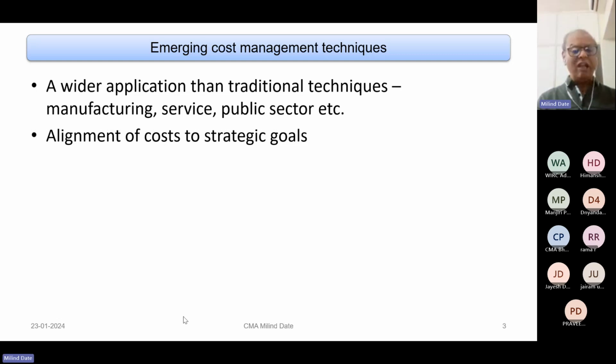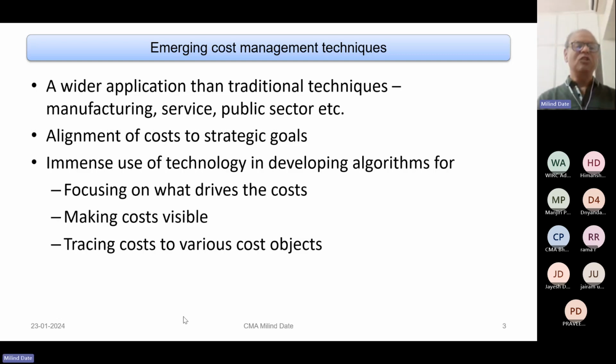And because they are based on use of technology, and a lot of algorithms have been developed based on these emerging techniques, they do help us in more than one way. So the use of technology helps us in focusing not on cost itself, but on the factors or influencers or drivers of these costs, which will help us in managing them in a much better way.